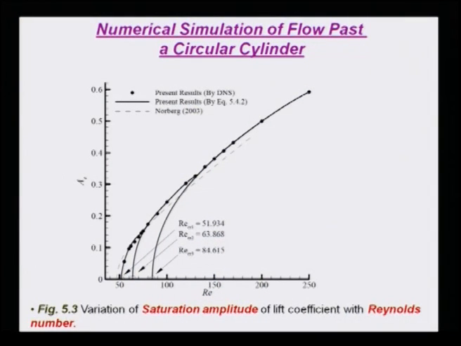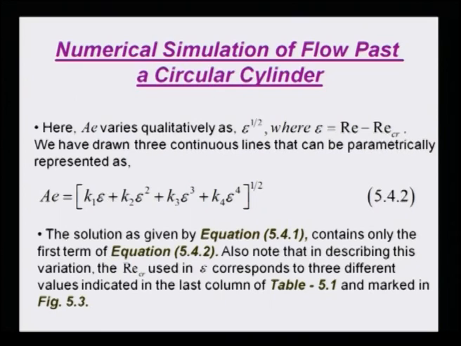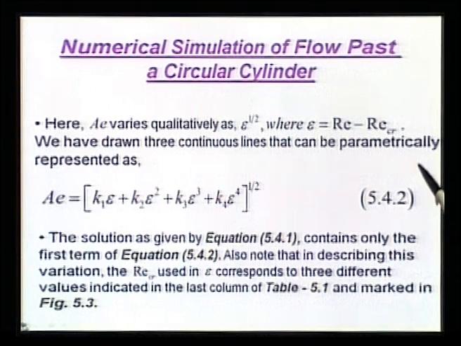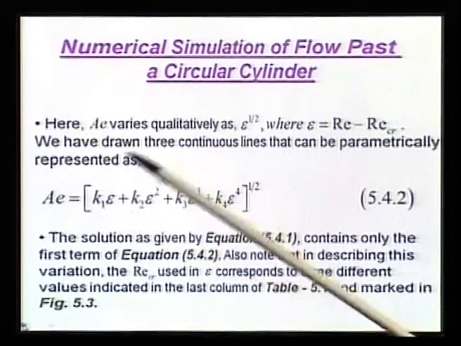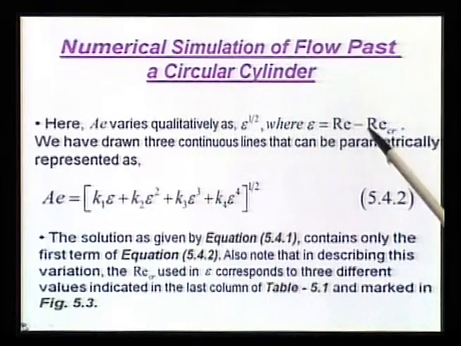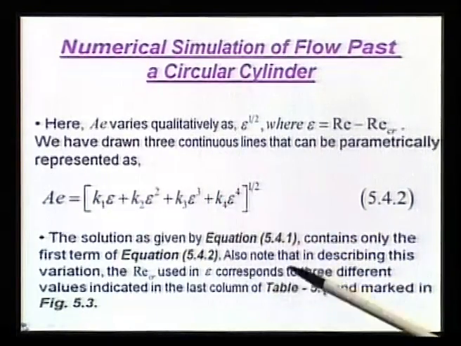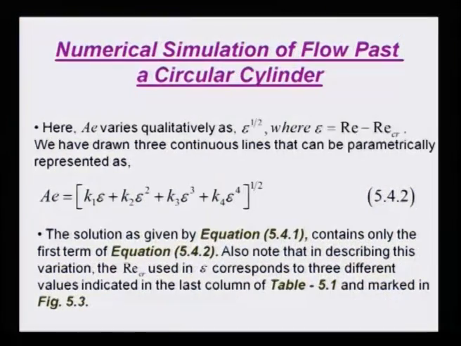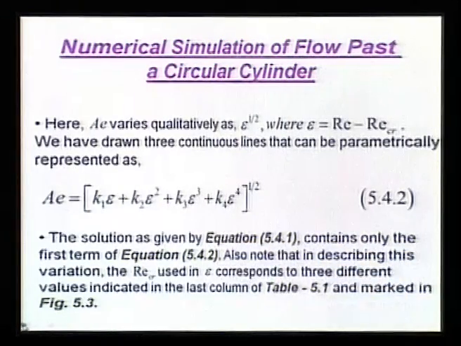So, this is something we should keep in mind, that multiple hopf bifurcation is not really a figment of imagination. What we try to do, if you are interested, is some kind of empirical modeling. We try to fit a curve A as a function of epsilon. Epsilon is the departure of the current RE from the RE critical, and we try to do it in terms of a higher order polynomial, and you can try to fix those constants k1, k2, k3, k4.